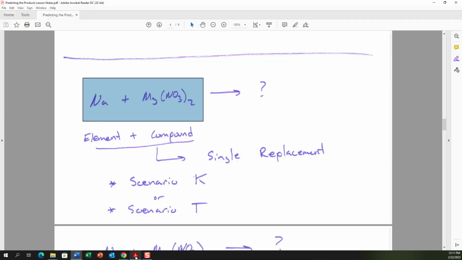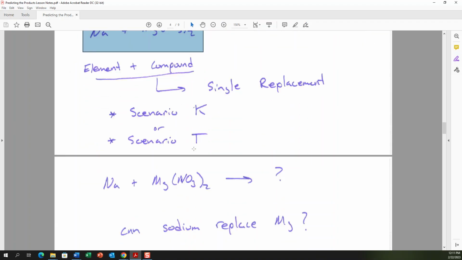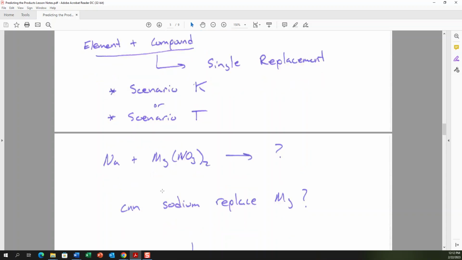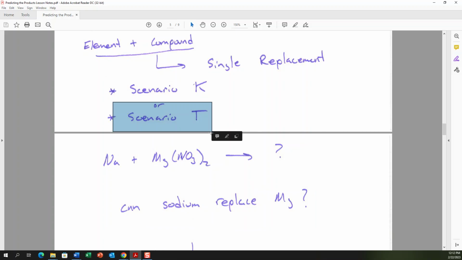Whenever you're thinking single replacement, you have to ask yourself, can this replace that? So yeah, if anything's going to replace anything, the metal's going to replace the metal. So sodium's going to replace magnesium. But you have to ask yourself, can sodium replace magnesium? If yes, then you'll get the reaction. If no, you'll get scenario T, no reaction.